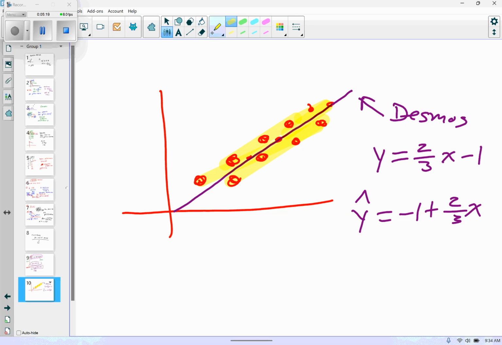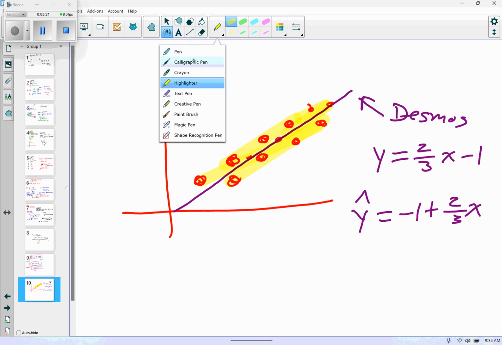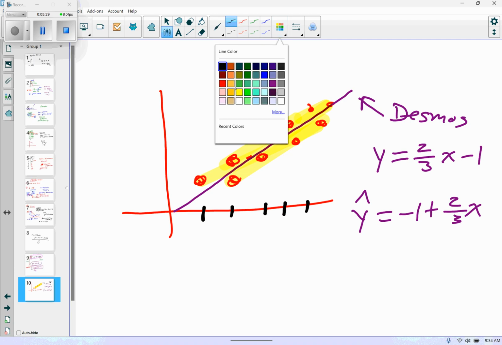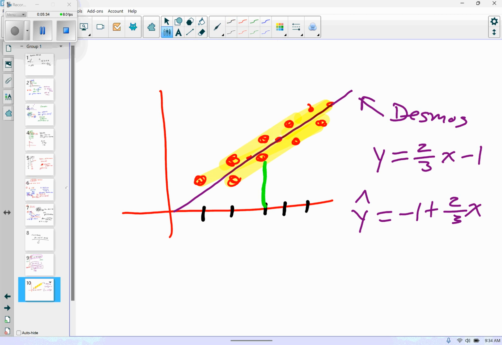If you had some x values down here, you can say, if I choose this point here and I draw this line straight up and then draw this line straight over, we can find this y value.